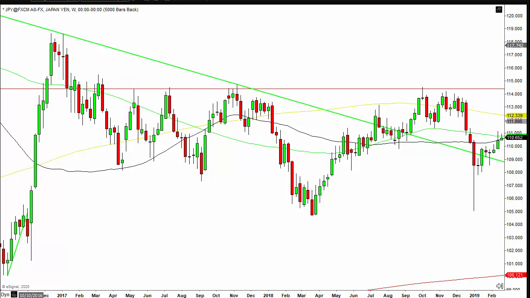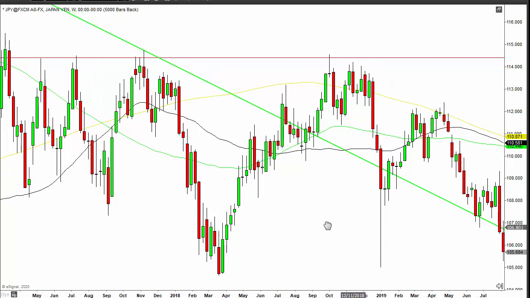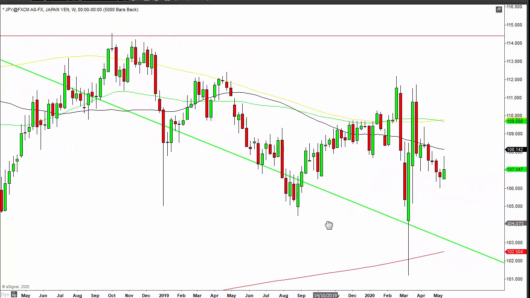At some point in the future, obviously the dollar yen is nowhere near that level at the moment. It's right down here. But if I saw the dollar yen at some point in the future back up in this zone, and all of a sudden the price action is moving to the upside, then I'd know that we've got a good chance of coming back to retest that old pebble on a pond line up there.